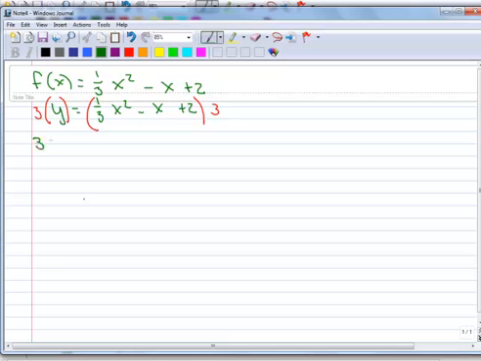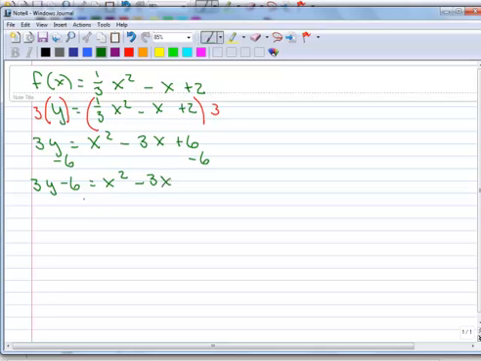So this becomes 3y. 3 times 1/3 is 1, so that gets rid of the coefficient of the x squared, which was the whole point. And this becomes 3x, and this becomes 6. And then we're going to subtract 6 from both sides. So the left-hand side becomes 3y minus 6, and the right-hand side becomes x squared minus 3x.